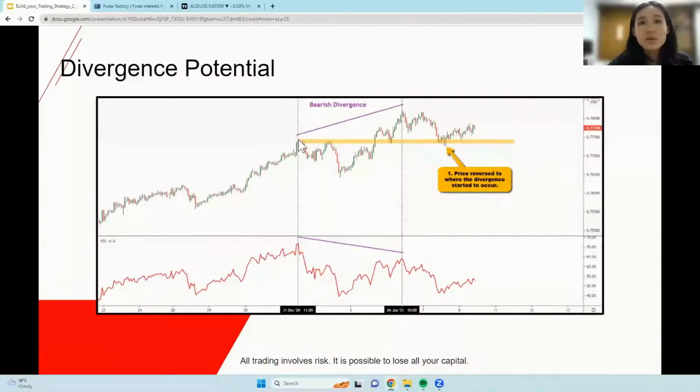And if you were here for the support and resistance webinars, you would know that this is called an overlap support. Basically, it's just when price respects the bulls and bears of this level here.